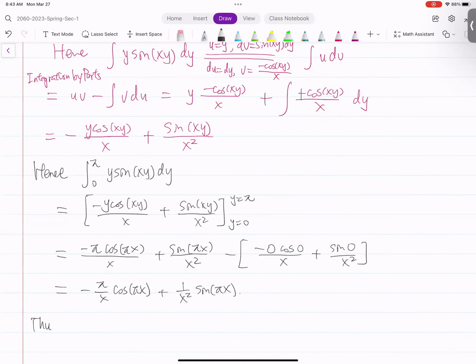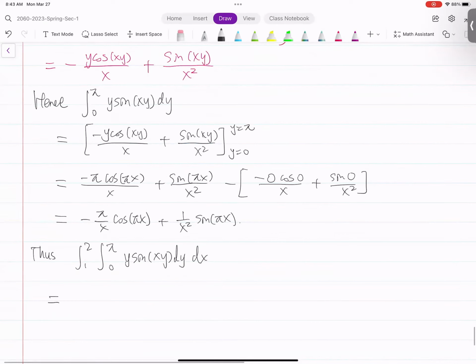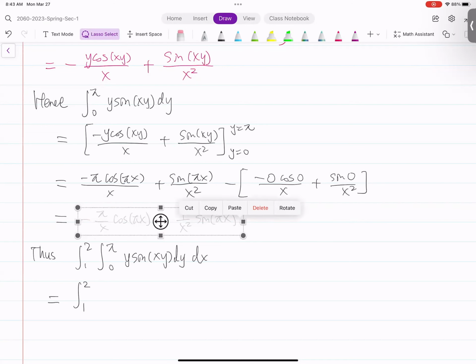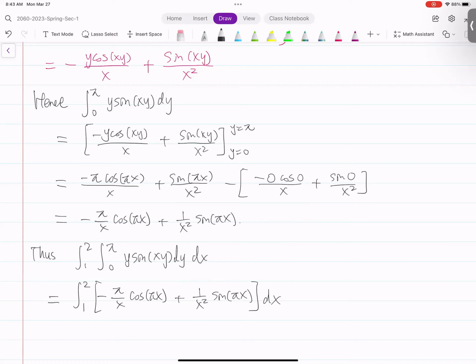Thus, the integral from 1 to 2 becomes the integral from 1 to 2 of the function above that we're integrating, dx.